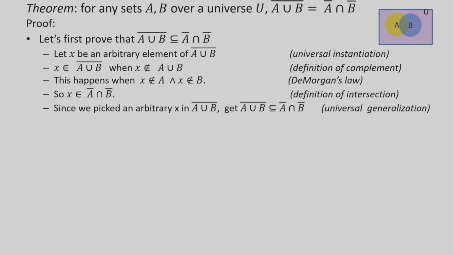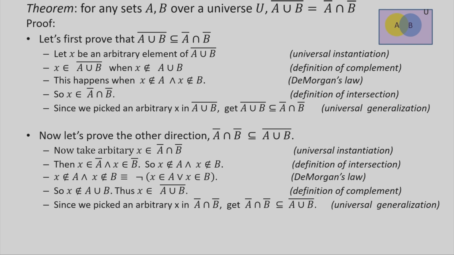If you look at the book, it does it slightly differently because they prove this theorem well before they introduce universal instantiation and generalization. Actually, they do it even before they do logic. So they try to do it by talking about definition of the set builder notation. But since we already know this terminology, might as well use it.